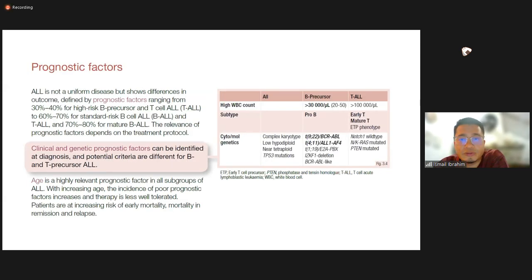Earlier I mentioned about prognostication. This is a very general reference that we can use to look whether this is a poor prognosis or high risk disease. But we can also base on the protocol that we use, because the protocol was run based on certain criteria before they got established.